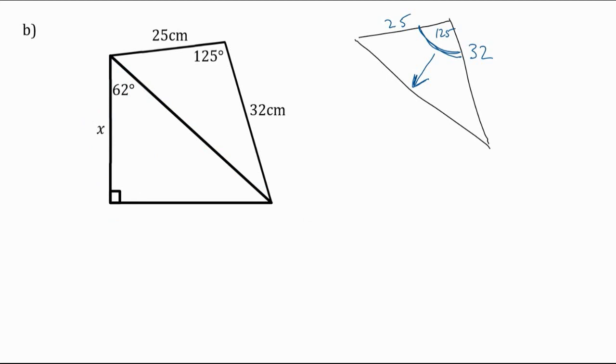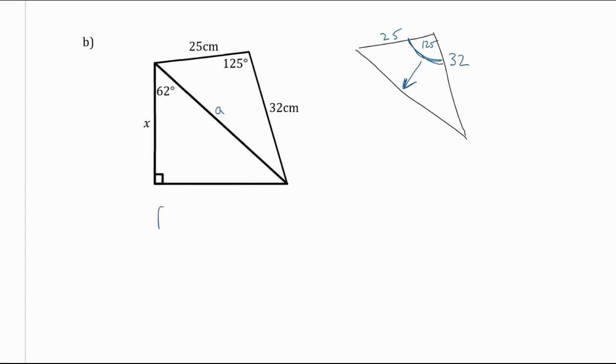Okay, so how about this time I'm going to call it A. No reason, just decided to, and I'm going to use cosine law, and that's c squared equals a squared plus b squared minus 2ab cos of c, the angle that's contained.